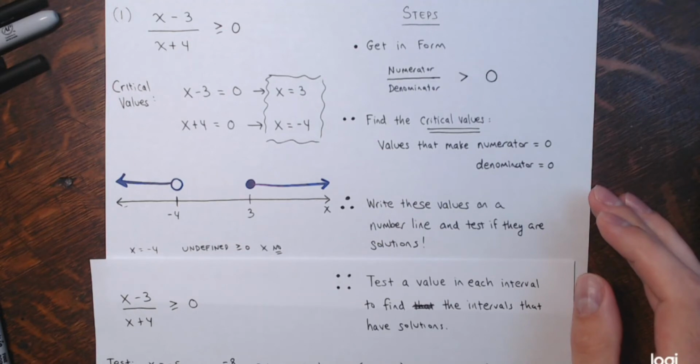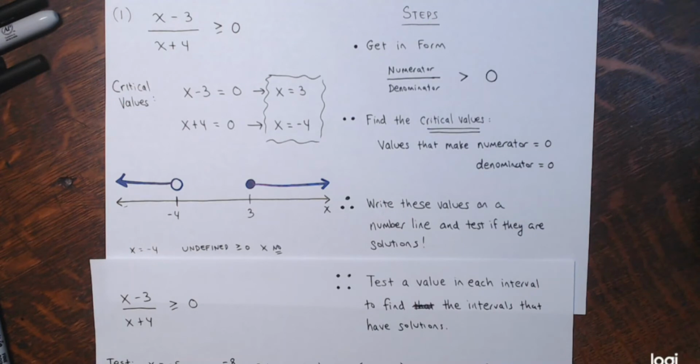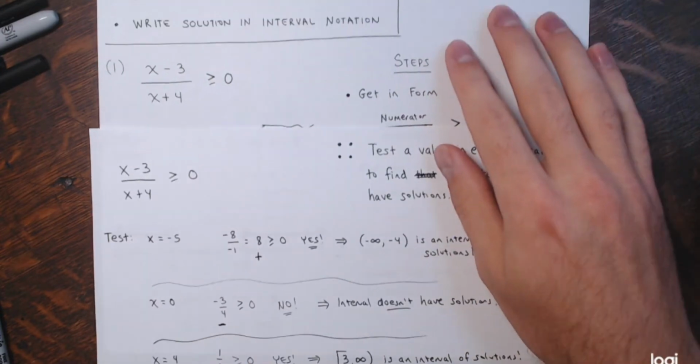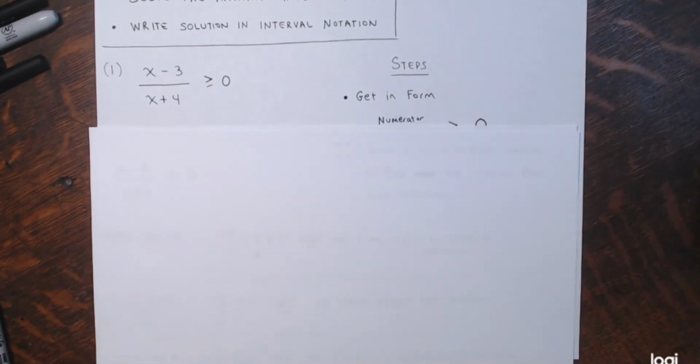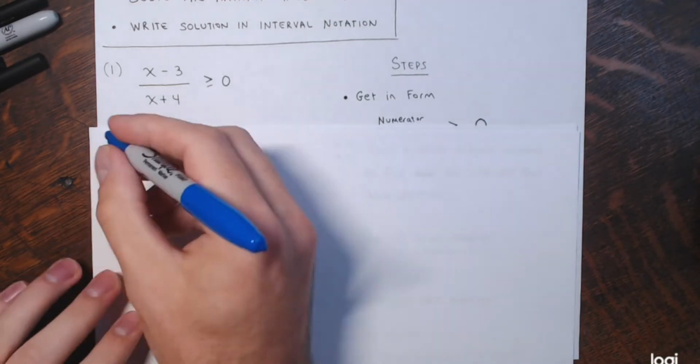All right. Now, one thing I want to point out with inequalities that I find people tend to make a lot of mistakes on. People make this mistake a lot. So again, back to this original inequality here.